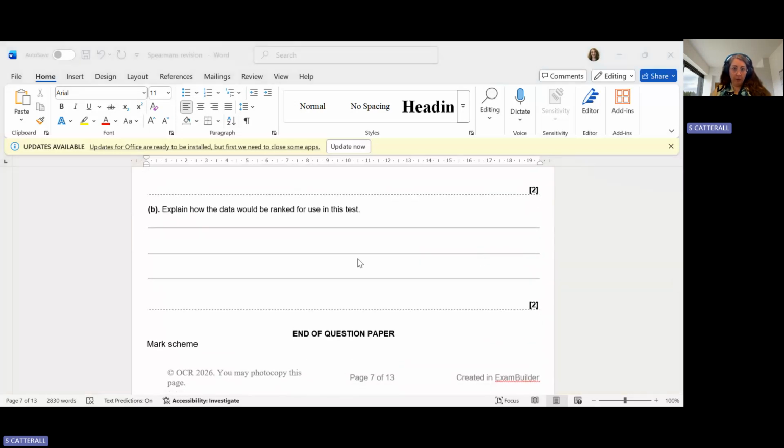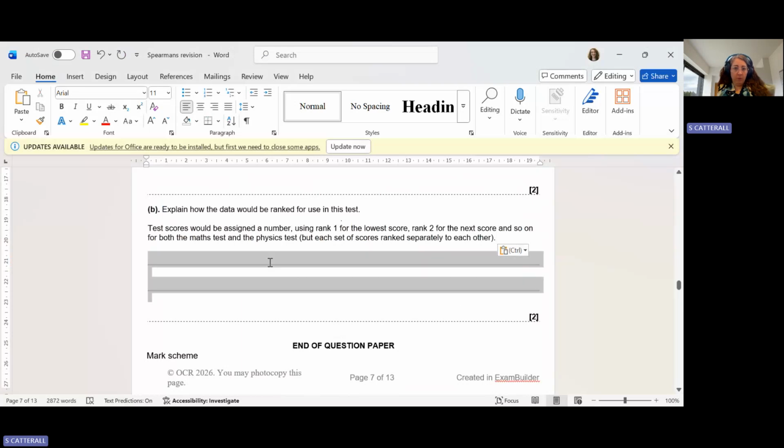Let's just have a look at how we would word these. So yeah, test scores would be assigned a number using rank 1 for the lowest, rank 2 for the next, and so on, for both the maths and the physics, but each set of scores is ranked separately to each other. So that's what that one's about. Let me just copy that from the mark scheme, save me writing it out.